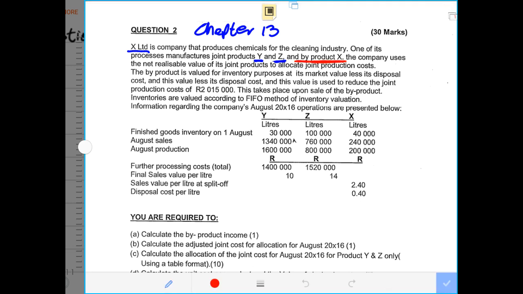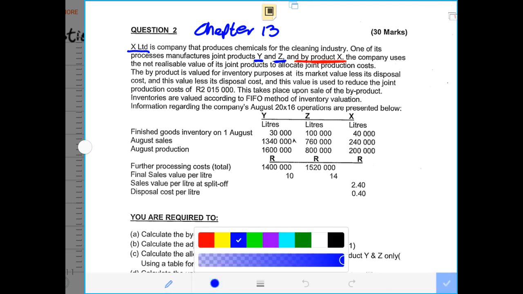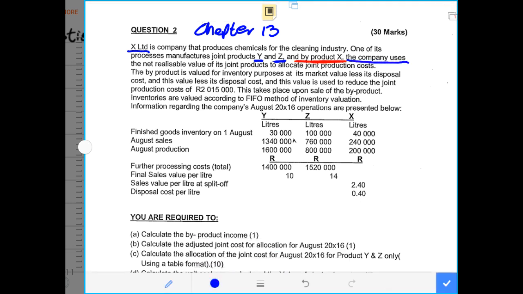Then they further say that the company uses the net realizable value method of its joint products to allocate joint production costs.